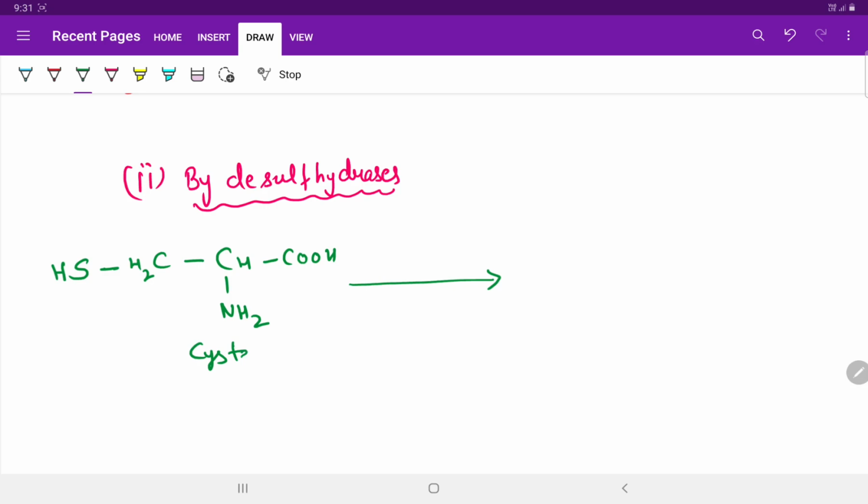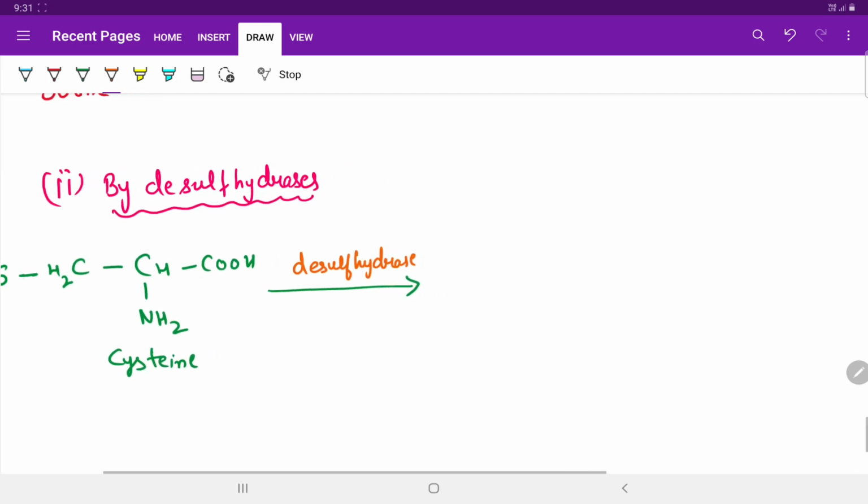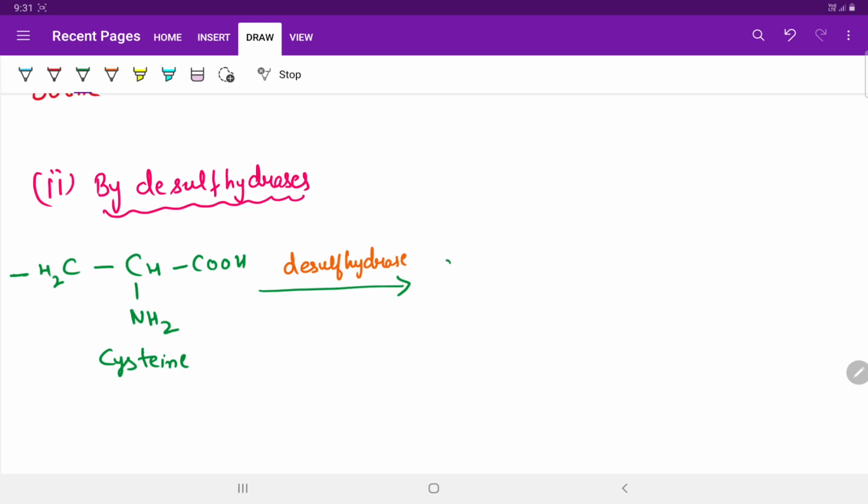We can clearly see that in presence of desulfhydrase enzyme, a cysteine molecule is converted into the corresponding amino acid, and during this process the sulfur groups are removed.